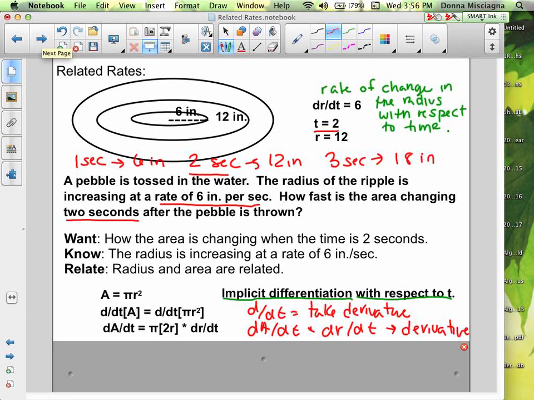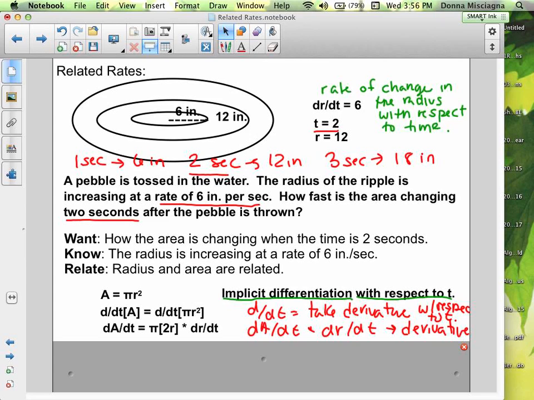The d/dt means take the derivative, and in this case, with respect to t. We've seen in the past where we had d/dx, that means take the derivative with respect to x. We're taking it with respect to t. The derivative of area with respect to time is just dA/dt. Right? We're going to use those same variables. This is just saying it's the derivative of area with respect to time. It's an implicit differentiation because we're taking it with respect to another variable.